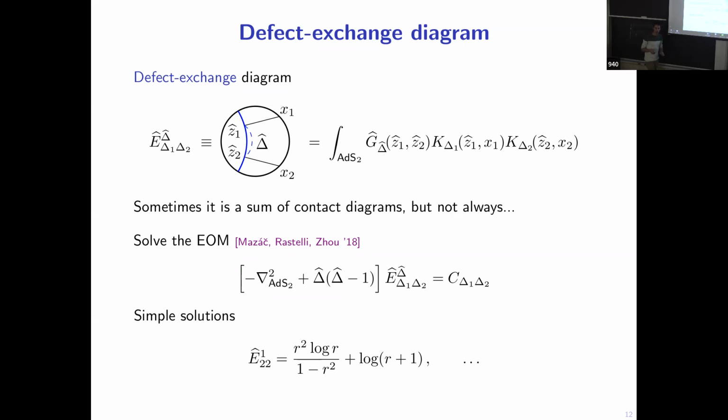Yeah, but I think here you act on the boundary, right? It's not AdS2, right? It's on the boundary. Can you say again? Here it's not AdS2, it's AdS5? No, it's AdS2, because this propagator lives inside AdS2.